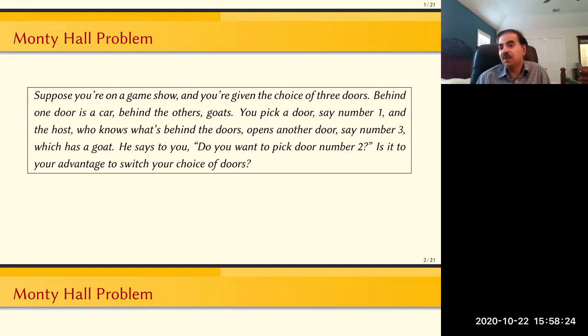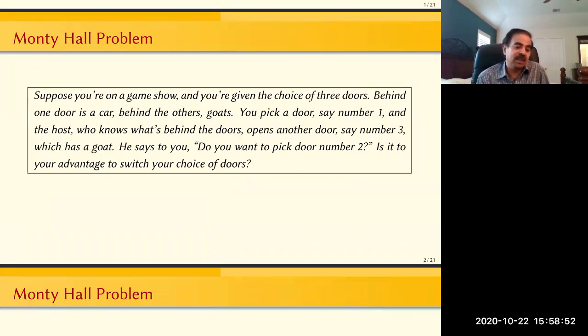Okay, now that you know what is behind one of the doors, you're no longer dealing with 3 unknown doors. You already know one of the doors has a goat behind it. So the host asks you, now that you have seen where the goat is, do you want to switch?